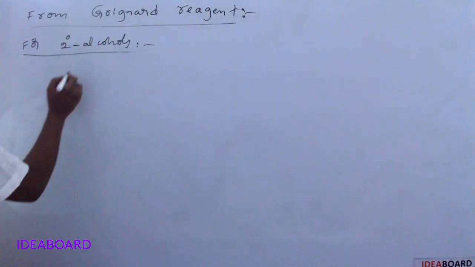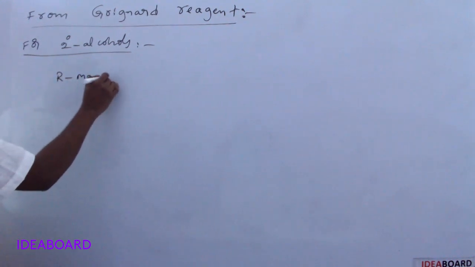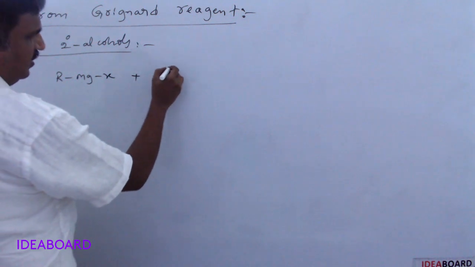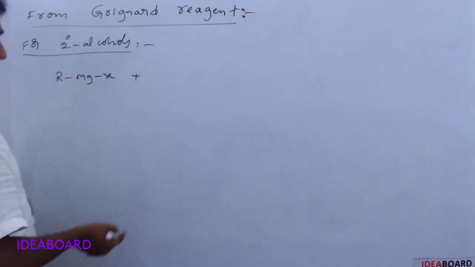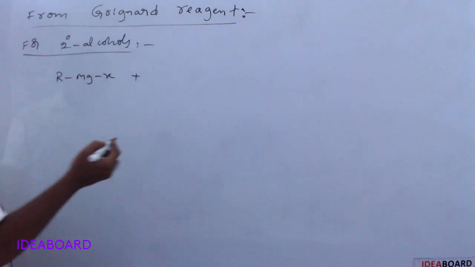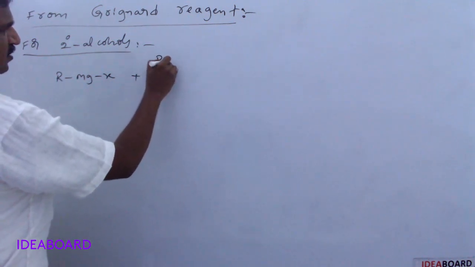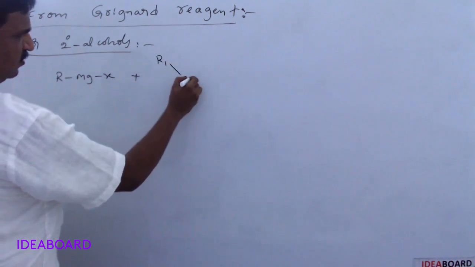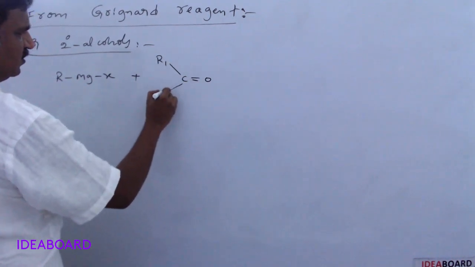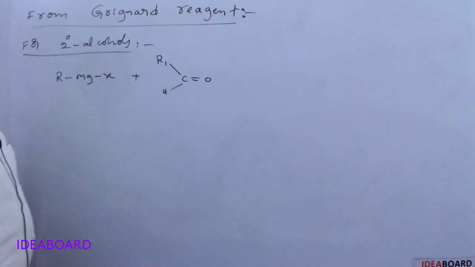For the secondary alcohols preparation, again I am taking the Grignard reagent RMgX. Now it is reacting with other aldehydes, not formaldehyde. Any other aldehyde we are taking, suppose here I am writing this as R dash C double bond O H. Here it is normal R, this is R dash.